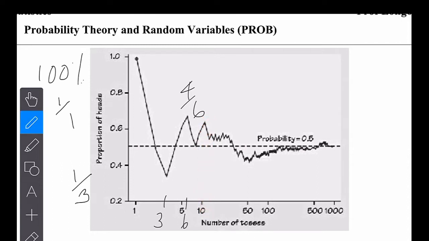That's 6 out of 10 there. So let me mark them. Those are just marking the spot. So 6 out of 10 were heads of all of the flips, of all the tosses. Oh, sorry, 6 out of 10 was here.